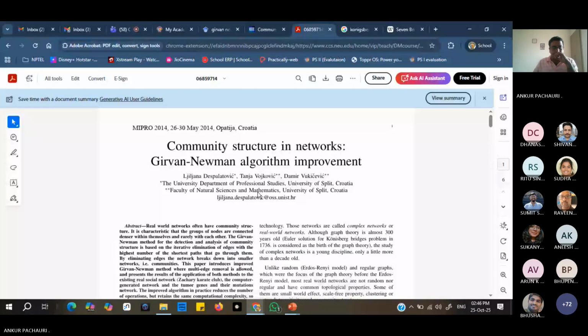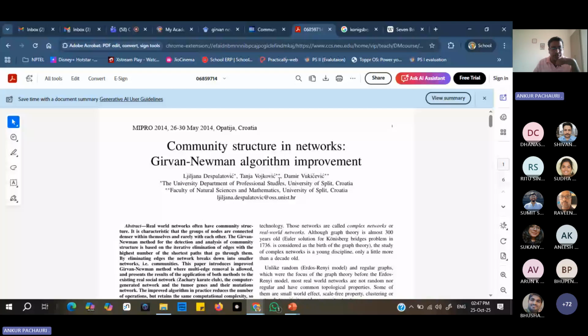If you can read this paper, I think my screen is visible. This is the title of the paper. These are the authors of the paper. He is the first author, he is the second author, he is the third author.